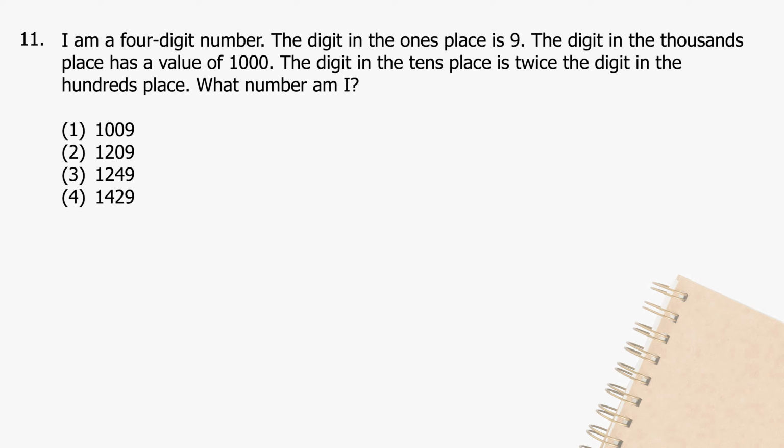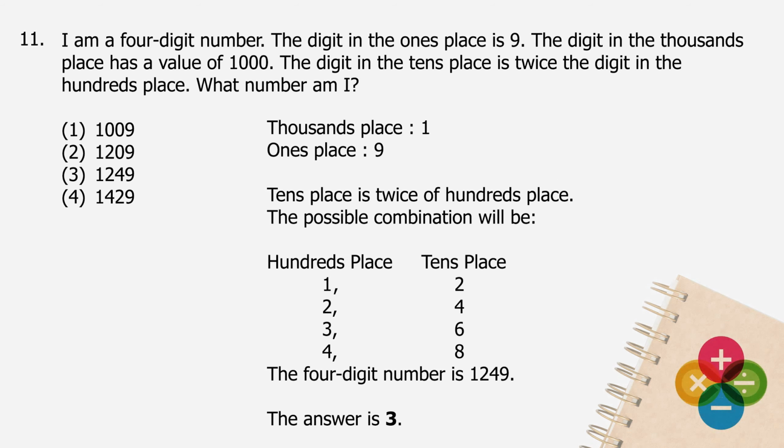Question 11. I am a 4-digit number. The digit in the ones place is 9. The digit in the thousands place has a value of 1000. The digit in the tens place is twice the digit in the hundreds place. What number am I? The digit in the thousands place is 1.